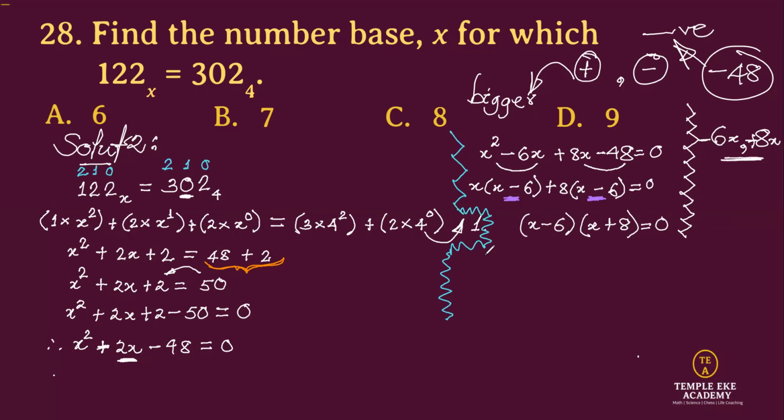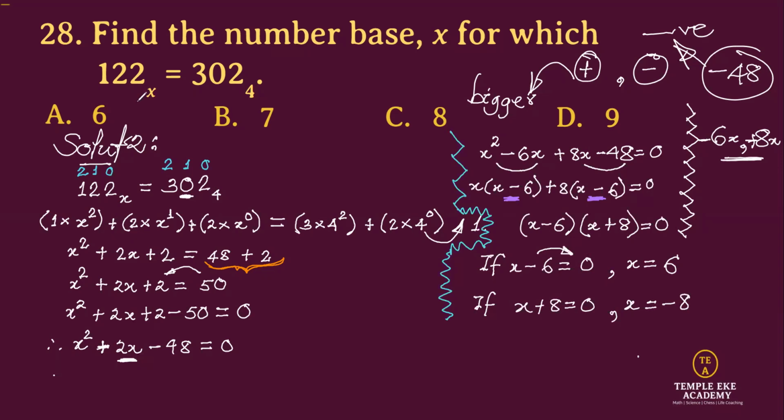So if x minus 6 equals 0, then it implies that x equals 6, adding 6 to both sides, a way of saying we want to relocate the minus 6 to change its sign. If, on the other hand, x plus 8 equals 0, then it means x equals minus 8, subtracting 8 from both sides.